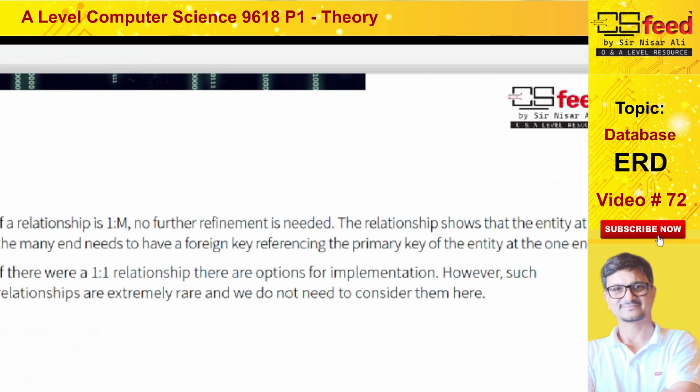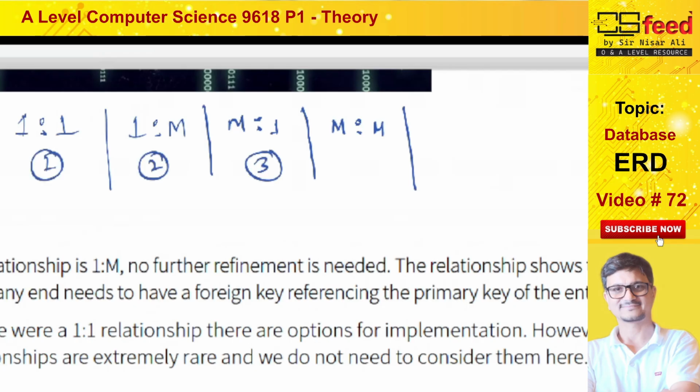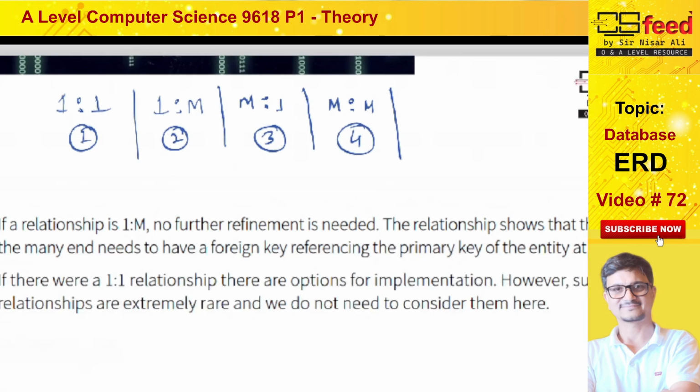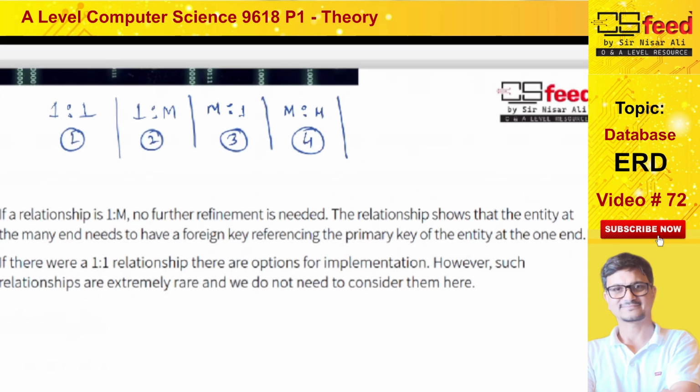Now, as I said, the relationships are either one-to-one, one-to-many, many-to-one, or many-to-many. These are the four types of relationships. Now let's see how suitable they are and how possible it is to implement them into the logical form so that they can be further converted.